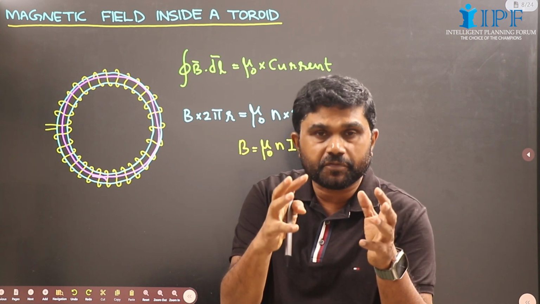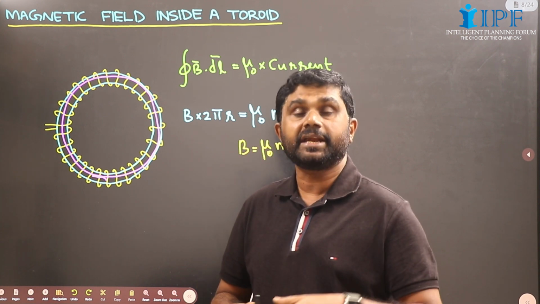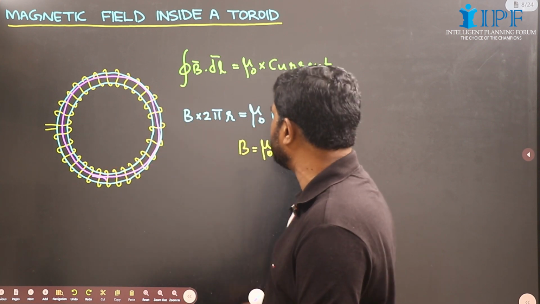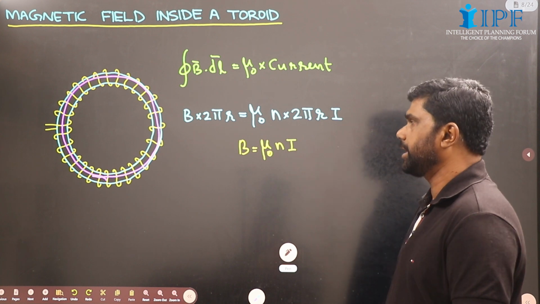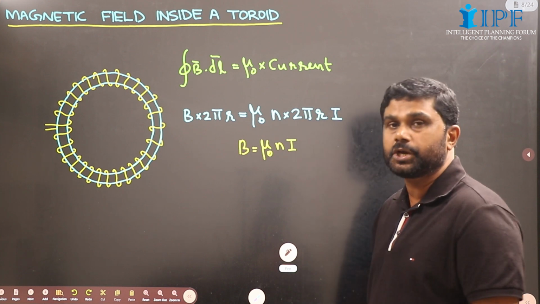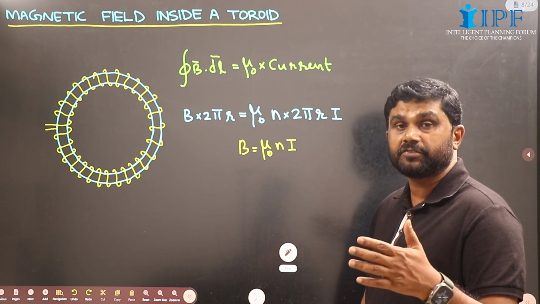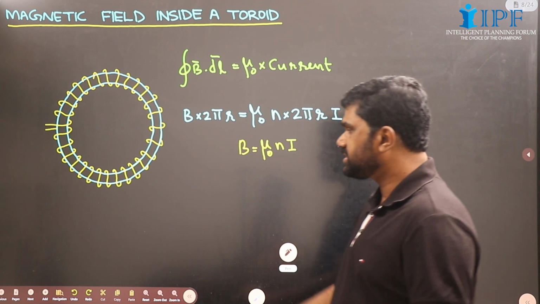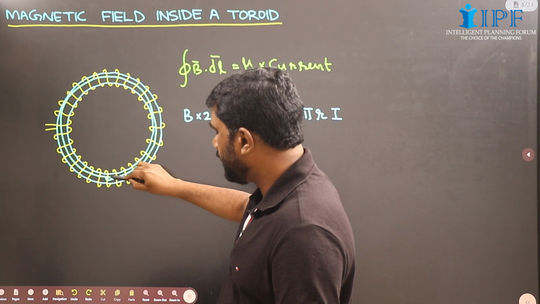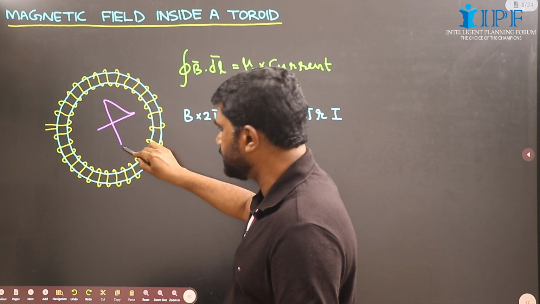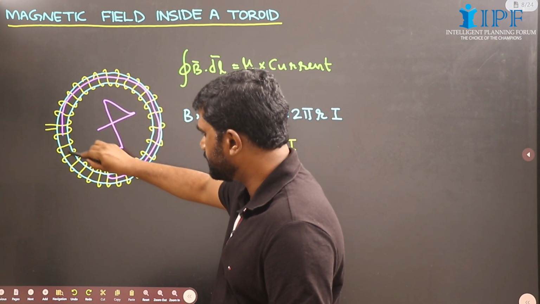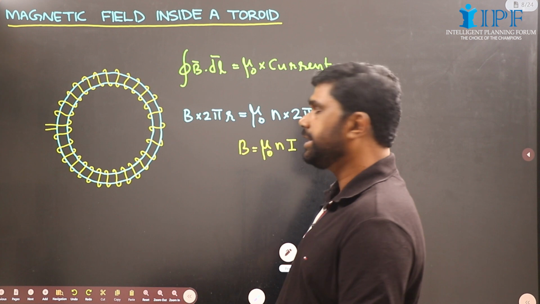So the total number of turns will be 2πr into small n, and each turn carries a current I. So the total current threading through this closed path will be n into 2πr into capital I. The 2πr on both sides can be cancelled, and ultimately we will get B equal to μ0 nI, that is the magnetic field inside a toroid. Inside a toroid means here, inside the toroid, and not in this space. In this space, the magnetic field is μ0 nI.